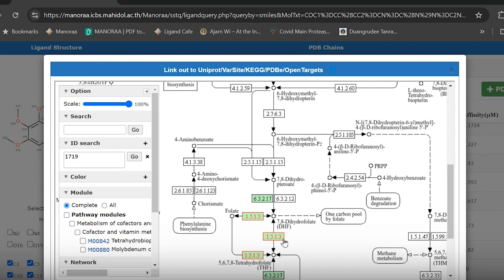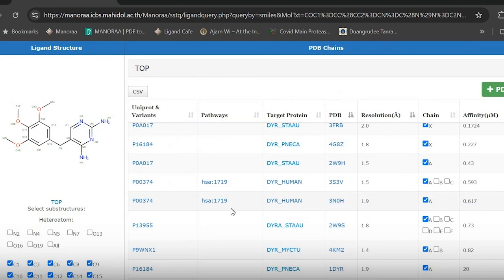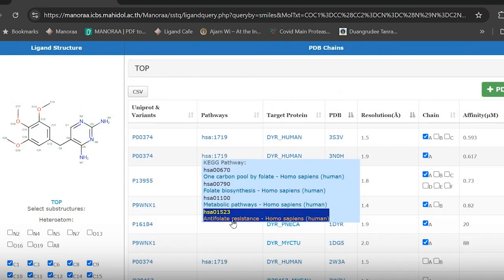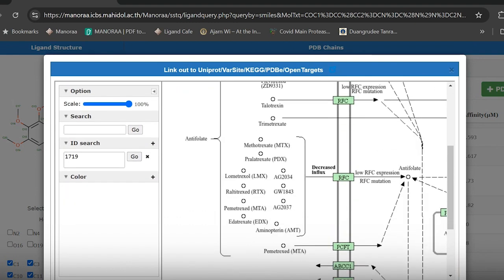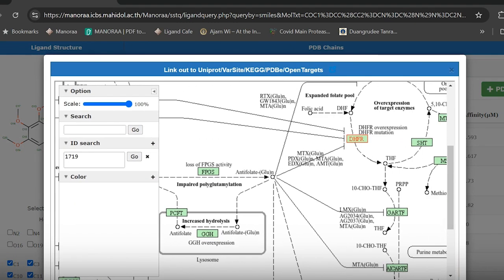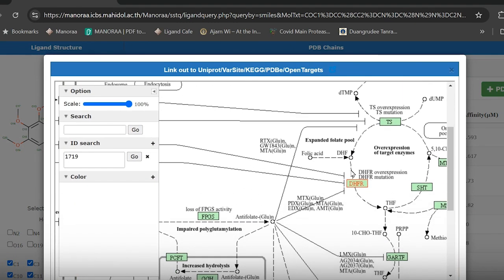So this one stands for the EC number of dihydrofolate reductase. We can also see antifolate resistance pathways, and then we can see how the DHFR was mutated.